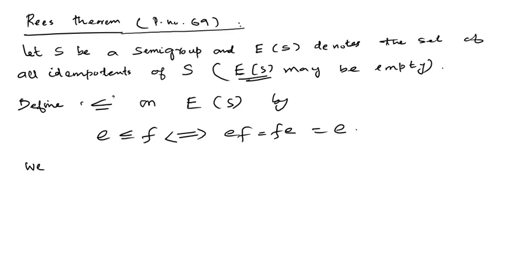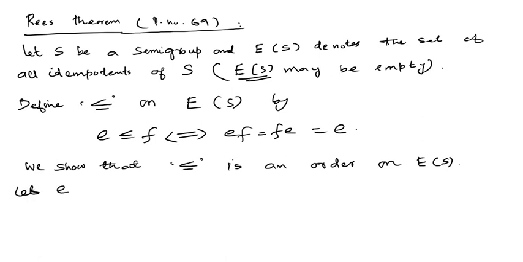We show that this one is an order on E of S. So first of all, we have to see that it's reflexive. So for any idempotent e in S, we have to show that e is less or equal to e. So for this, we need to show that ee is equal to ee is equal to e. So let e be in E of S. It's an idempotent.